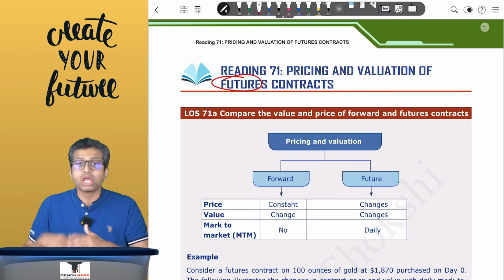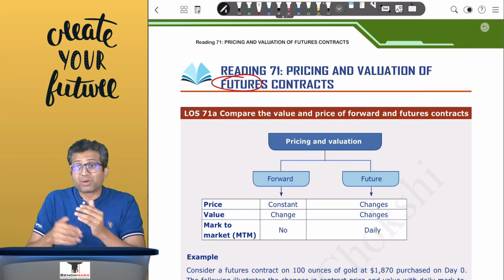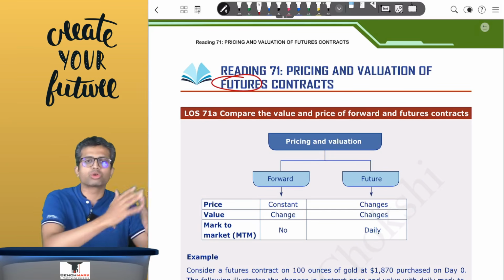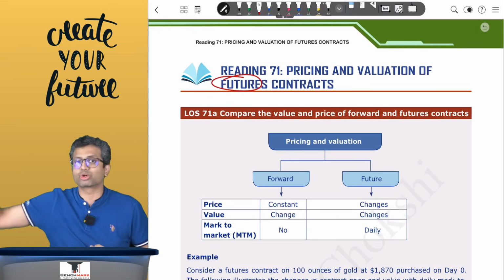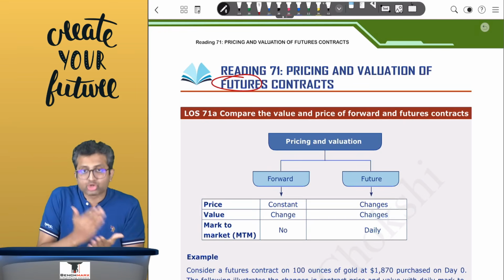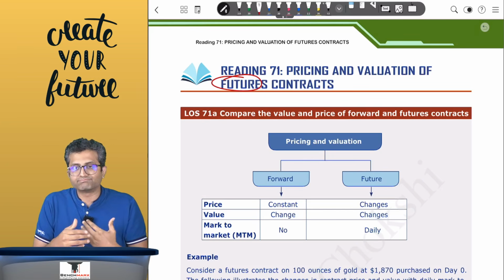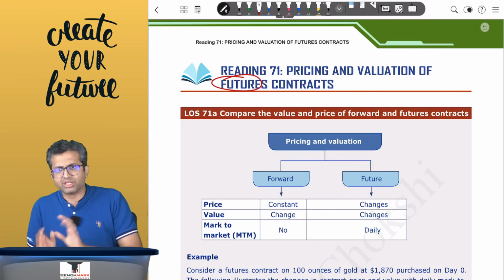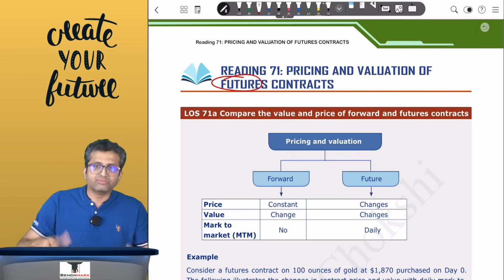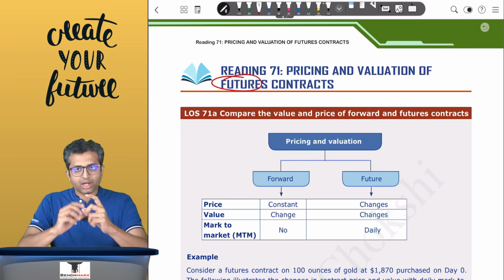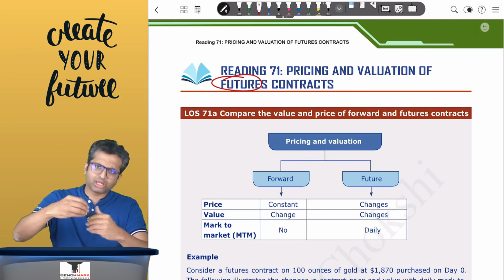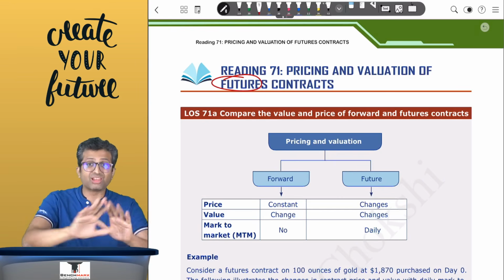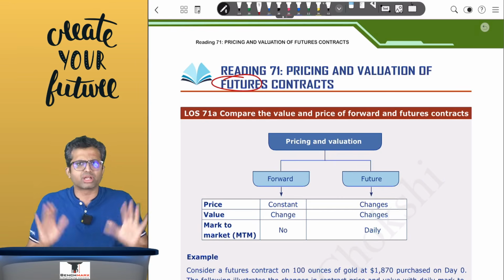Hence, in case of a forward contract, the price of 80 remains the same because there is no mark to market settlement. But in case of a futures contract, the price of 80, 81, etc. keeps on changing in such a way that after settlement the value is 0, because at the end of the day, if the rate moves from 80 to 81, 1 rupee is given and a new contract is entered at 81, and that contract has a 0 value.